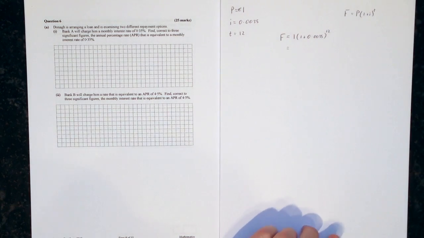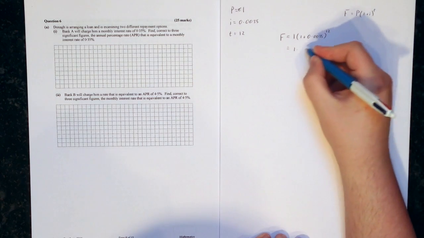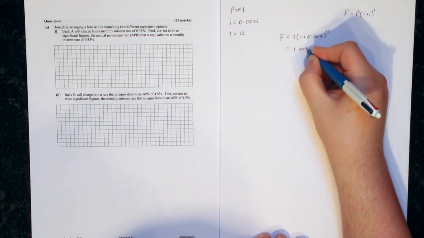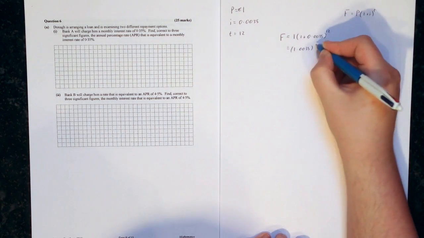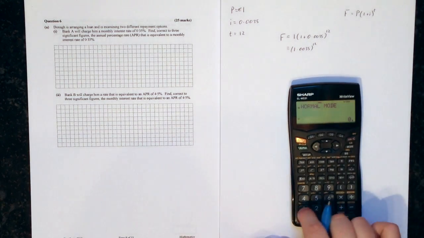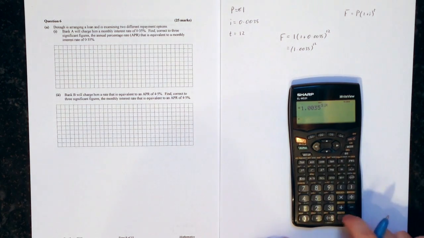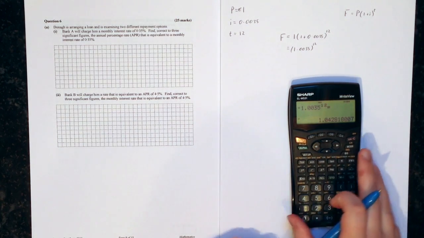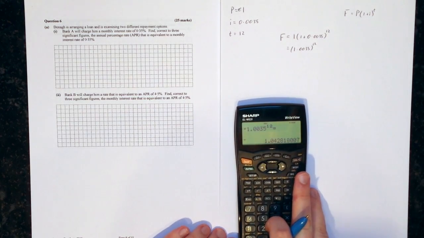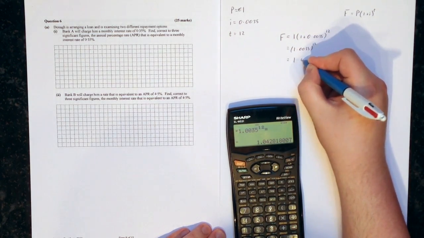So the final amount will be equal to 1.0035 to the power of 12. So 1.0035 to the power of 12 is equal to 1.0428.